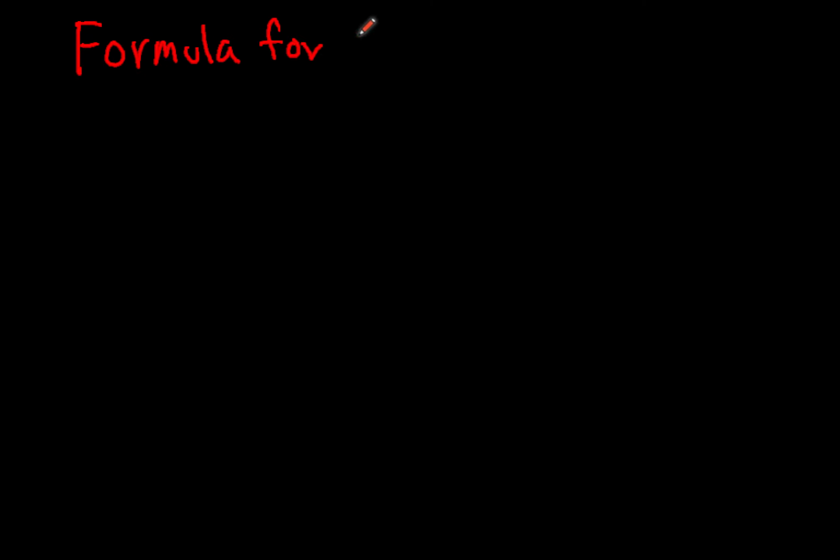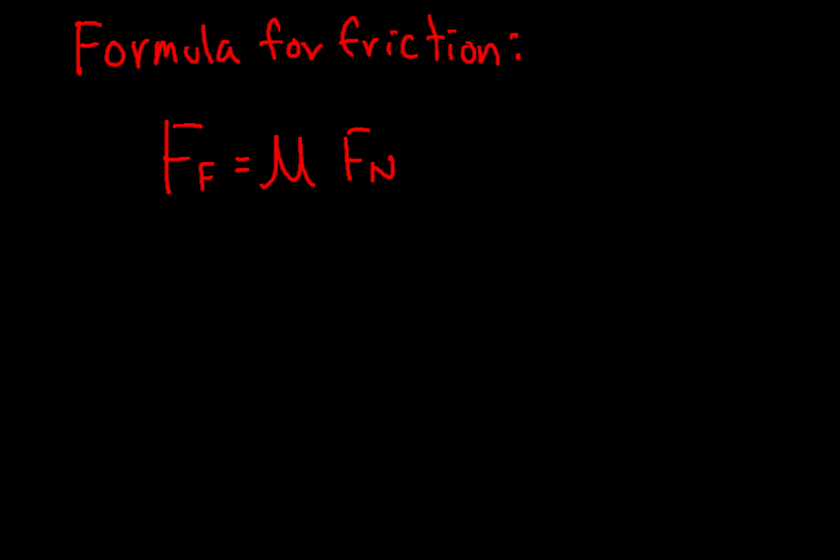The formula for friction involves both the normal force and the coefficient of friction. Force of friction equals mu, which is the coefficient of friction, times the normal force. The coefficient of friction is just a number that tells you how sticky the surface is.